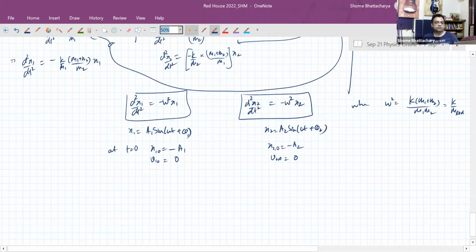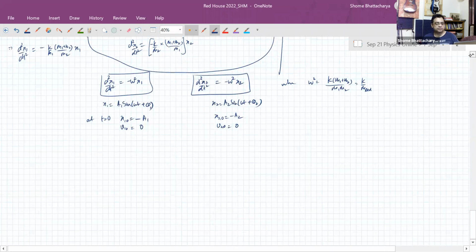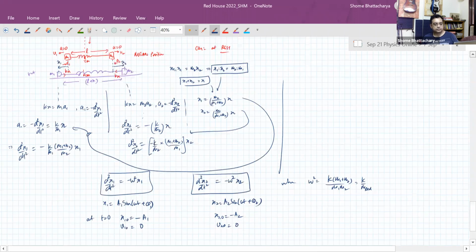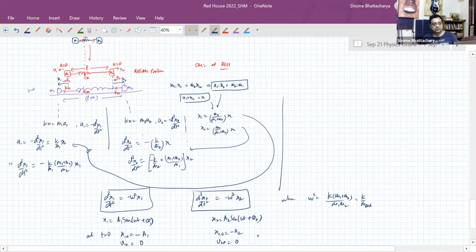So this is yet another way of approaching the question. So basically, in this part you can see that at t equal to 0, x of the spring is minus F by k, or minus 3 centimeters.